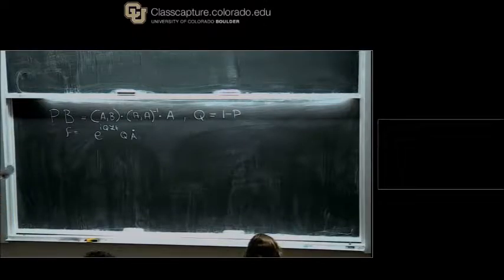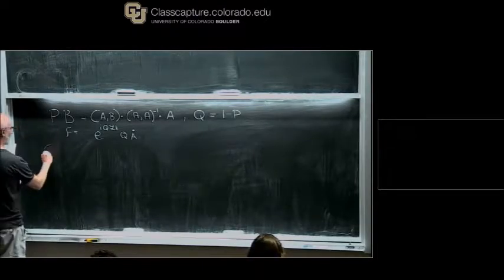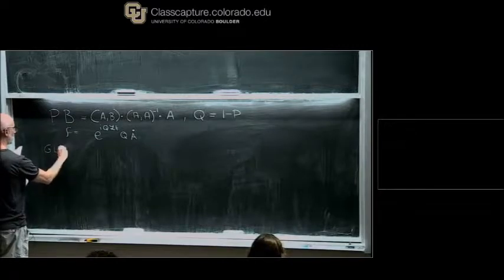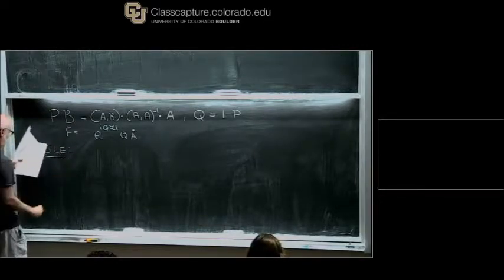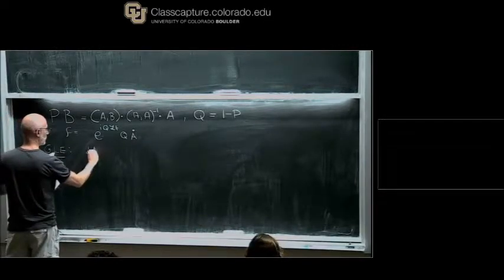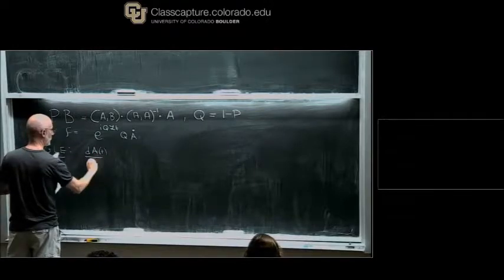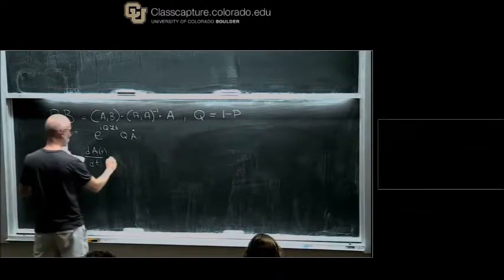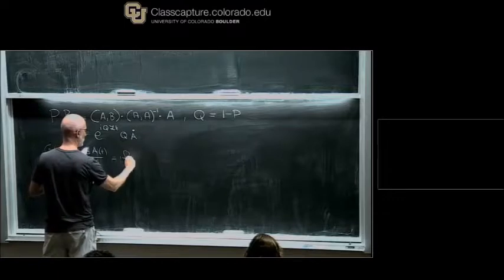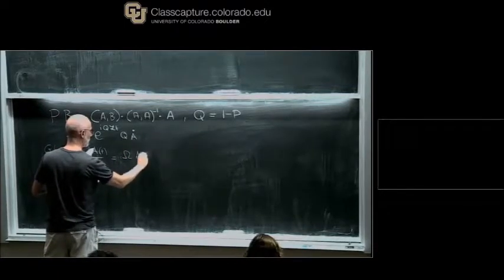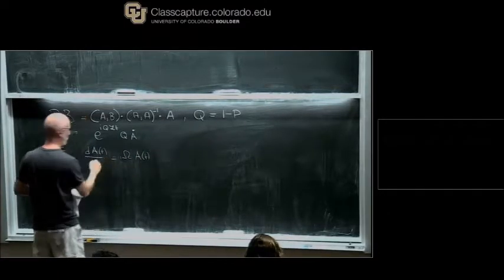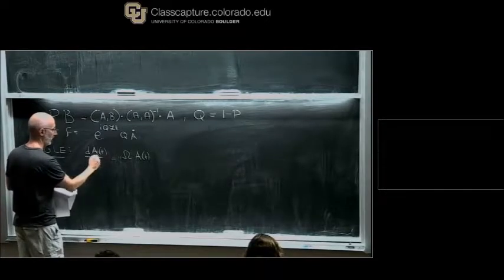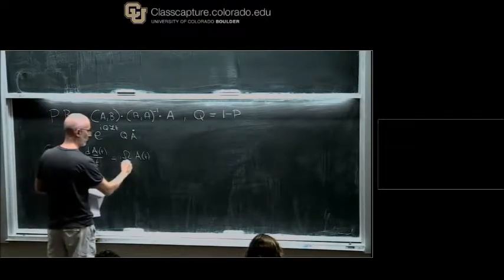Okay, and where we had gotten at the end of the last lecture was a generalized Langevin equation for the variable A, which is exact. We're going to actually make A a vector, and omega is a matrix.